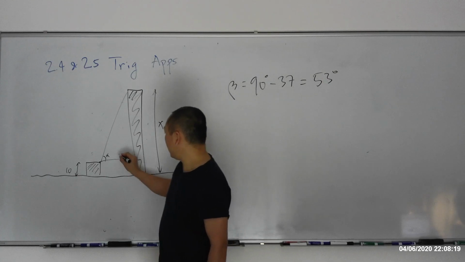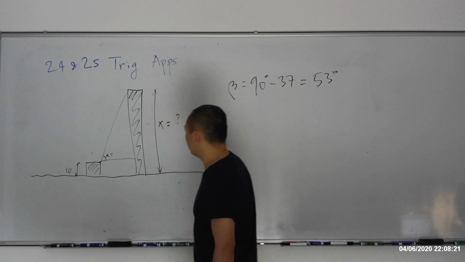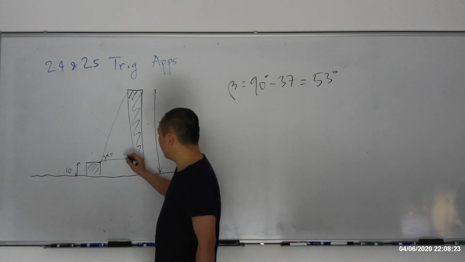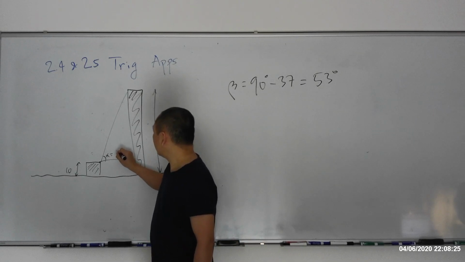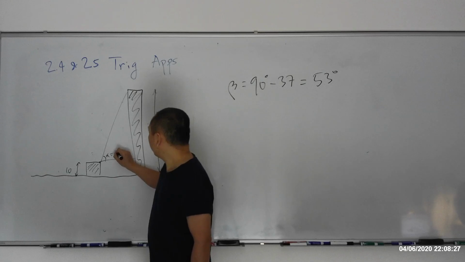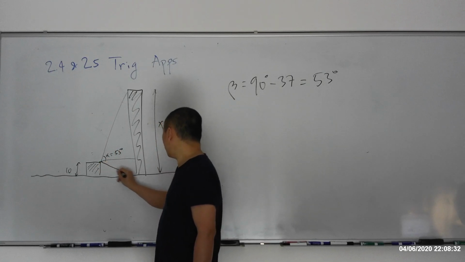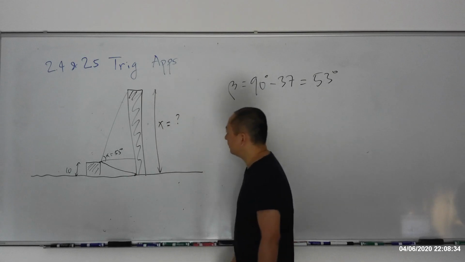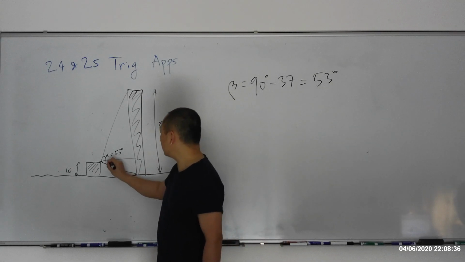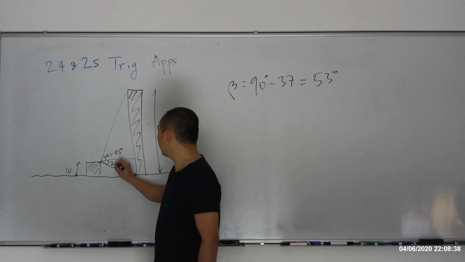Say alpha is, I'll just make up a number, 55 degrees. And then that person also looks down to the base of the tall building, and he knows the second angle. This angle right here is 25 degrees.